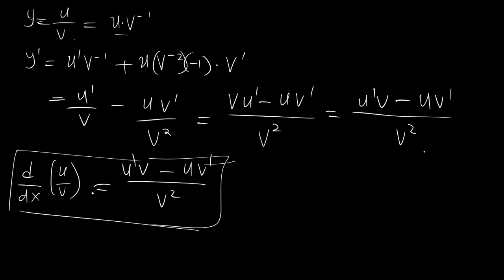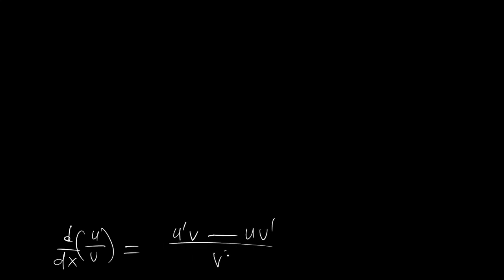Now let's write this formula somewhere below. Let's say the derivative of this with respect to x will now be equal to u prime v minus u v prime divided by v square.